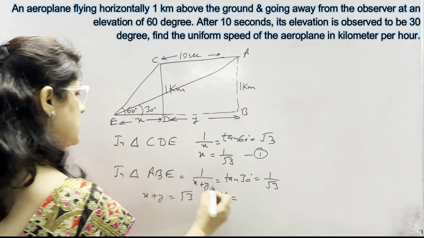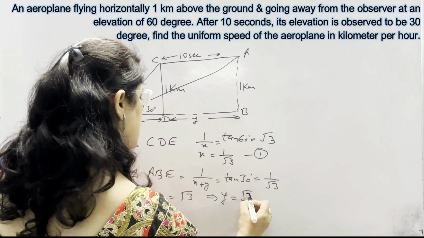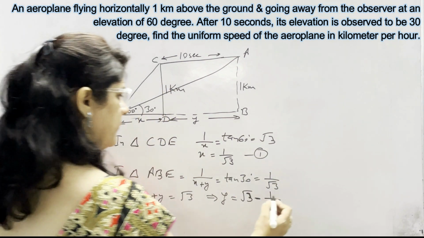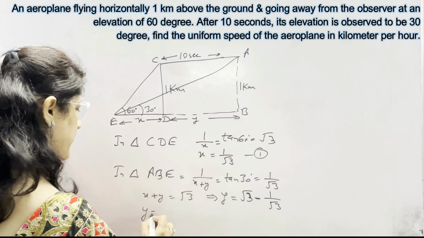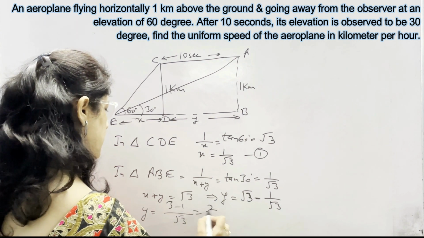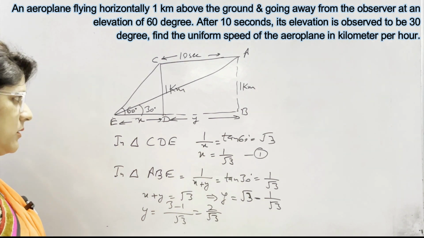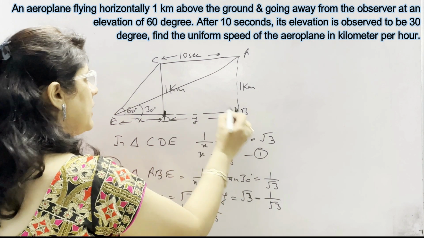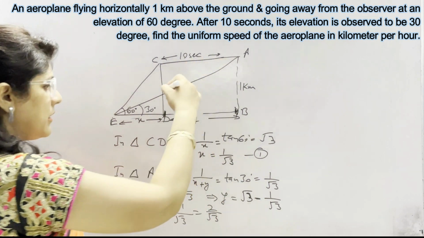Value of Y is under root 3 minus X, and X is 1 upon under root 3. So we can take the LCM: 3 minus 1 upon under root 3, which means 2 upon under root 3. So this is the distance covered in this time, and the time given here is 10 seconds.